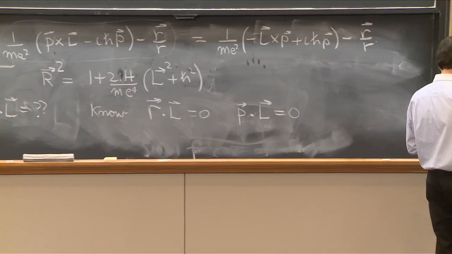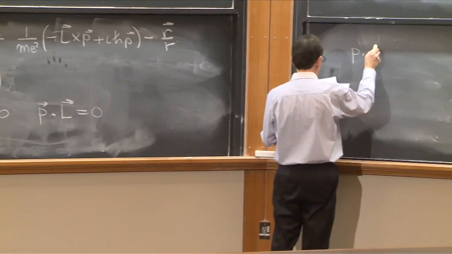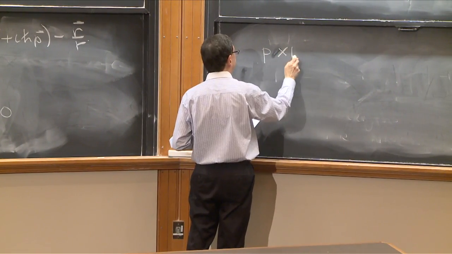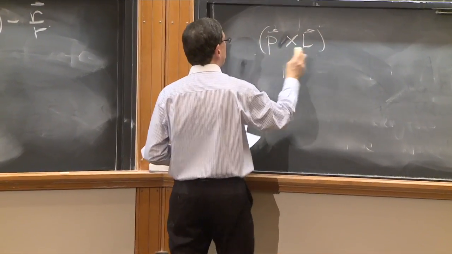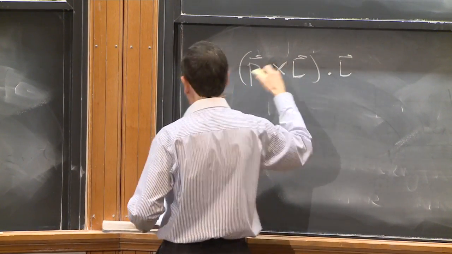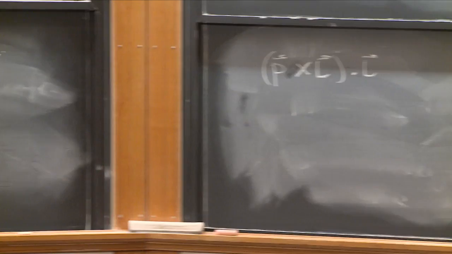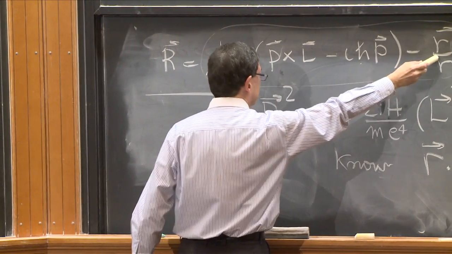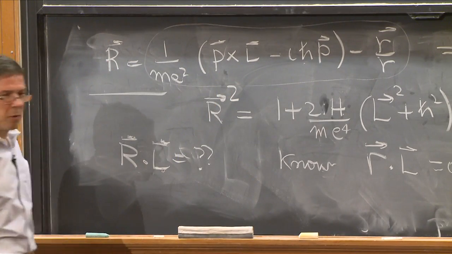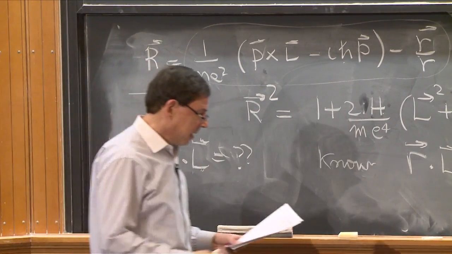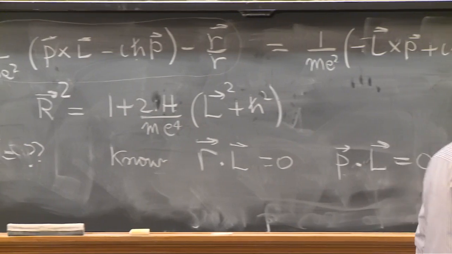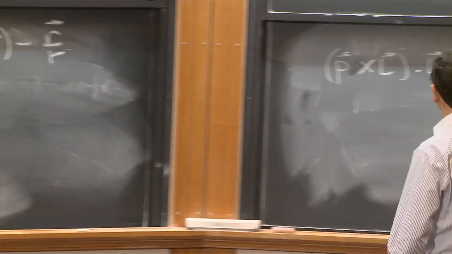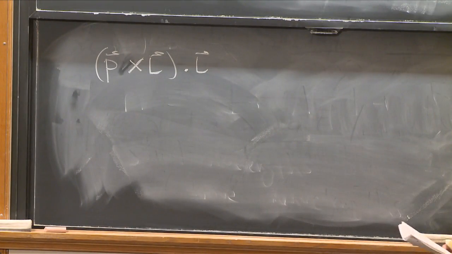Let me talk about it here. P cross L dot L. So this is part of the computation of this R dot L. We've already seen this term will give nothing, this term will give nothing, but this term could give something. So when you face something like that, maybe you say, well, I don't know any identities I should be using here.